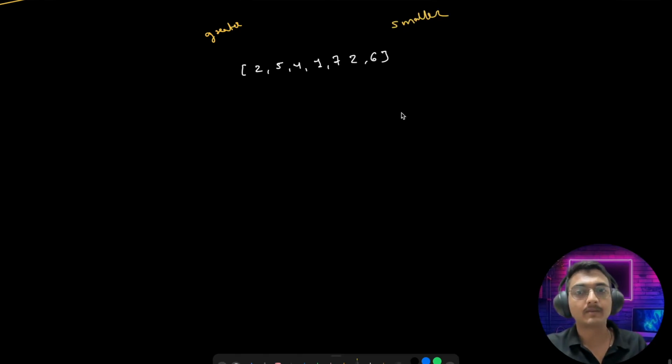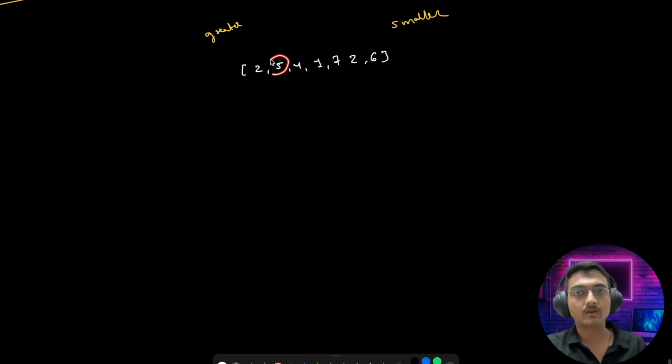You just need to remember this thing, and the question will be very clear. So at any index, if you find an element which is greater on the left side, you can definitely go to it. This is greater, this is greater, this is greater. You can go to any of the indices. If you can find a smaller one on the right, you can go. In this case, you can't go.